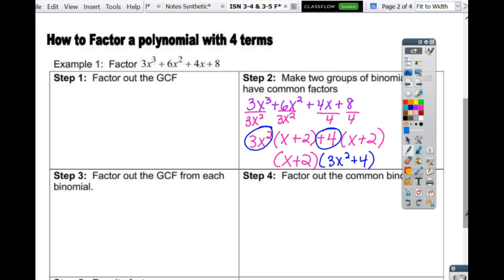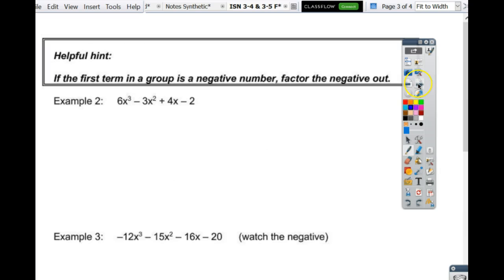So let's do another one. The first thing you want to look at is their greatest common factor. 6, 3, 4, and 2. Anything all the way down the line? No. So we're going to look at the first two.